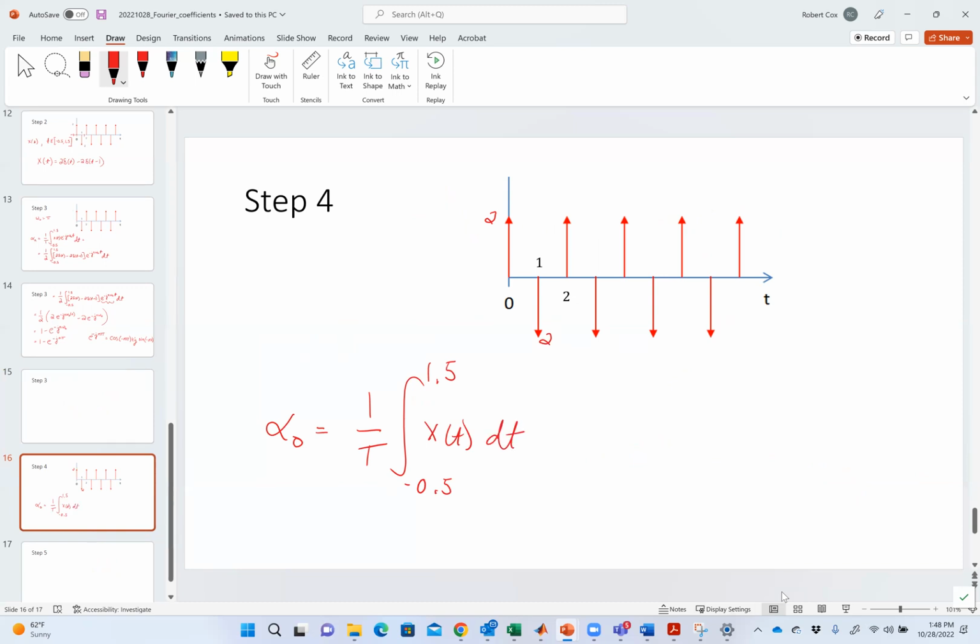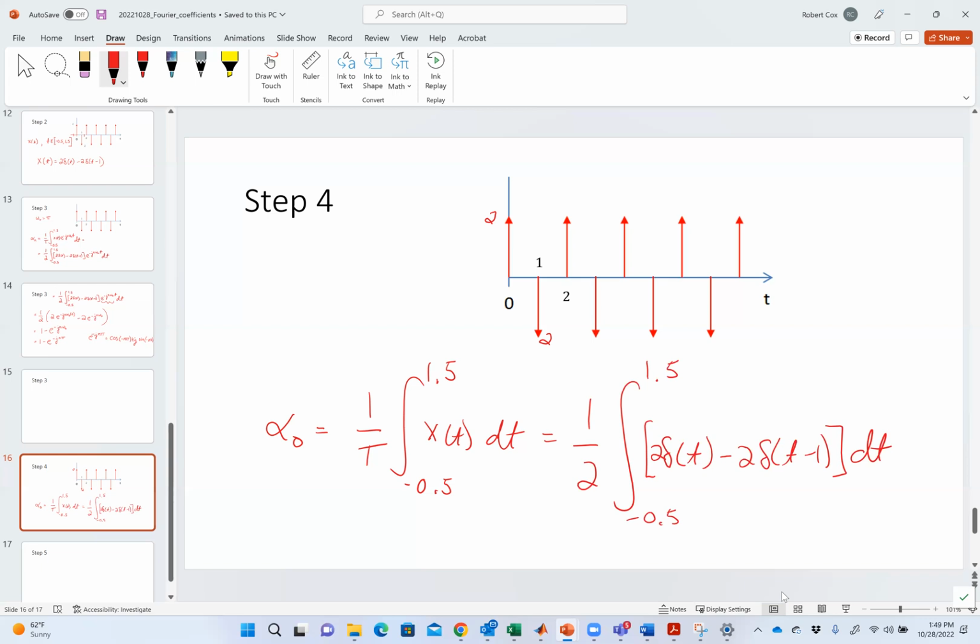I could do that integral. It will again look intimidating, because it's 1/2 and there's a bunch of Greek stuff: 2 delta of t minus 2 delta of t minus 1, dt from negative 0.5 to 1.5. Looks intimidating, but it's quite easy. What's the integral of delta t?